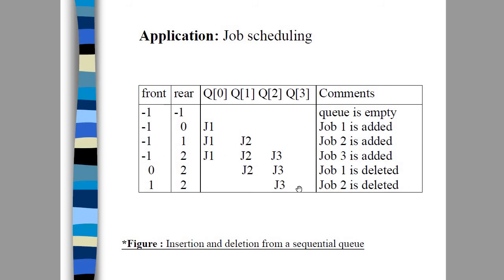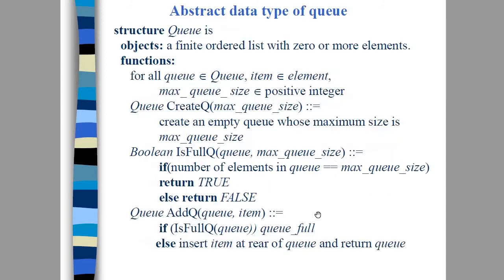When job 3 is added, the rear pointer will be incremented by 1 and it will become 2. In this way the job scheduling will happen. So it can be used in real-time applications like CPU processing.